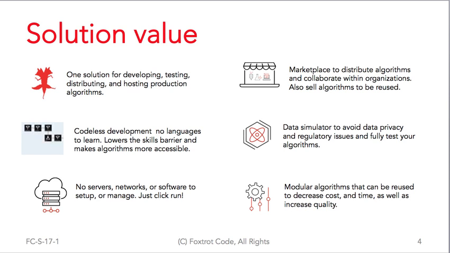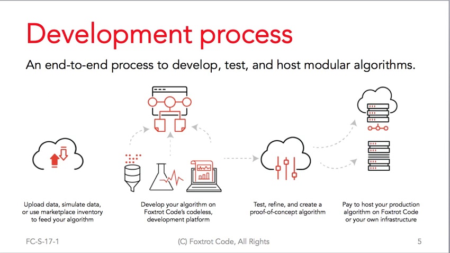So with all that value, we're facilitating a process where from end to end, you can upload your data. You can develop your algorithm on our codeless platform, get it the way you want it, test it and refine it, combine things together from other people, make sure it all works, build a proof of concept in this online subscription environment, get buy-in from whoever you need to get buy-in from, and then put it in production.